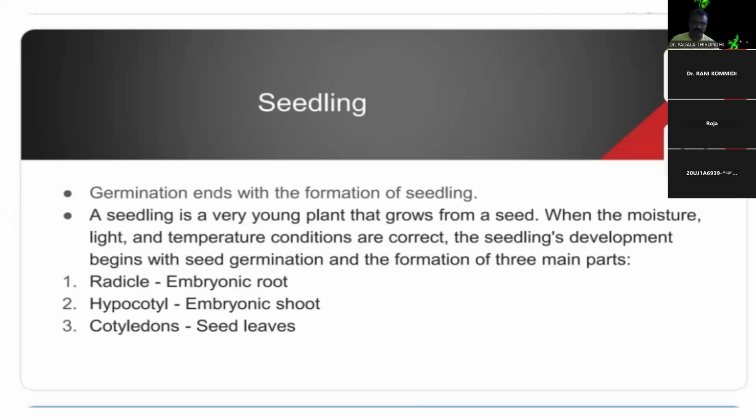In other seeds such as grams, peas, broad bean, groundnut, and mango, the cotyledons remain below the soil and the germination is known as hypogeal. In the seeds of all monocotyledonous plants, the germination is of hypogeal type, which is very common. In dicotyledons, it is of the epigeal type.